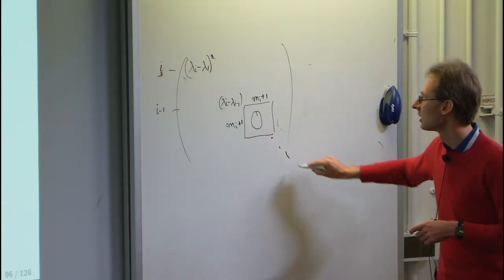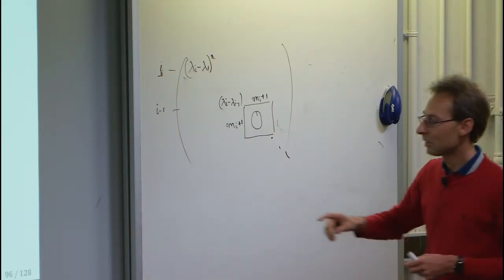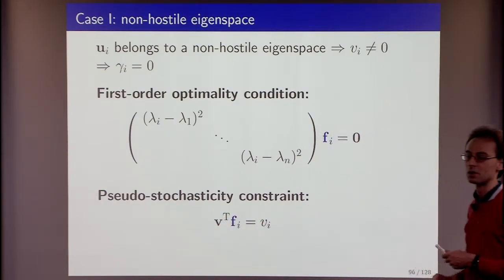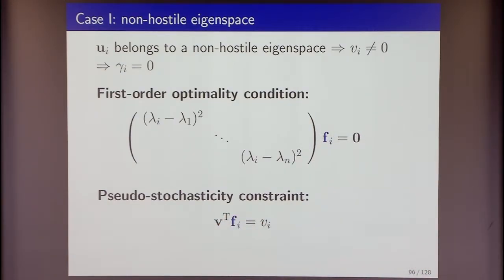And then again here I will have non-zero entries, plus this additional linearly independent equation that has the vector v. So the bottom line is that my system is rank m_i deficient, if I have multiplicity of m_i plus 1 in my eigenspace.